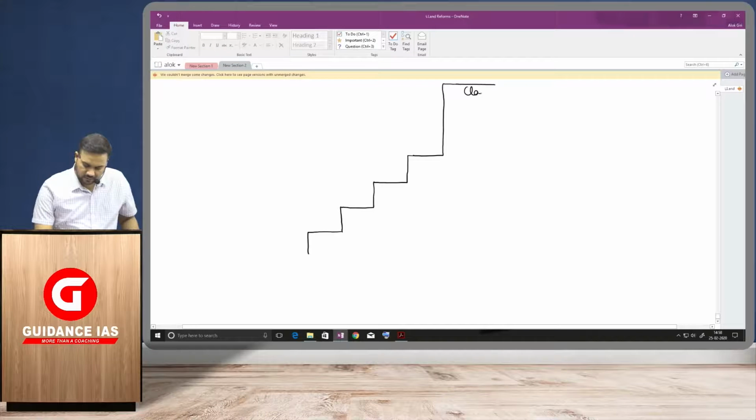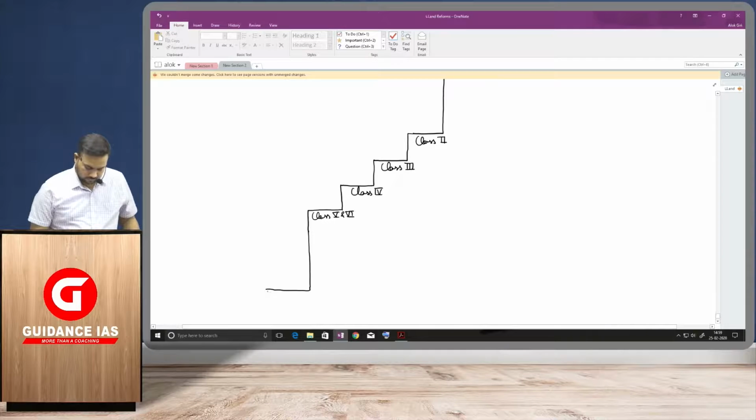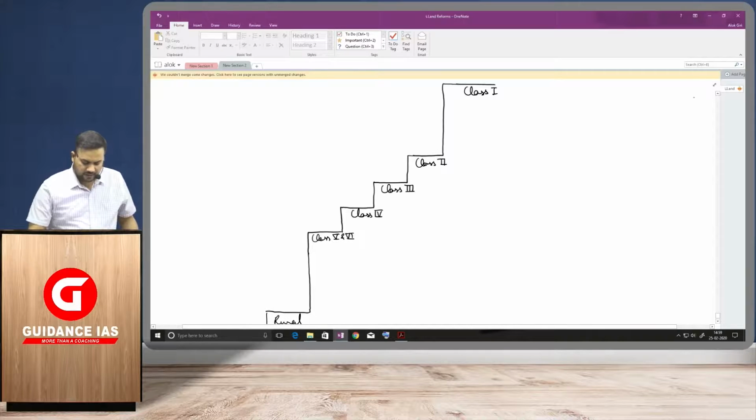So here lie class 1, class 2, class 3, class 4, and class 5 and 6 towns. And below are the rural settlements. So here you can see, it is lying between 1.41 to 1.83.